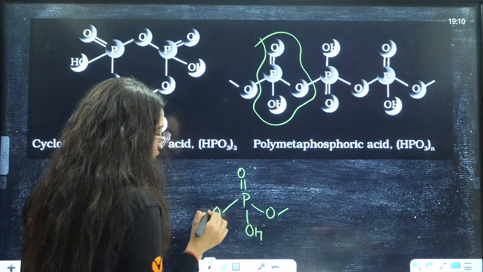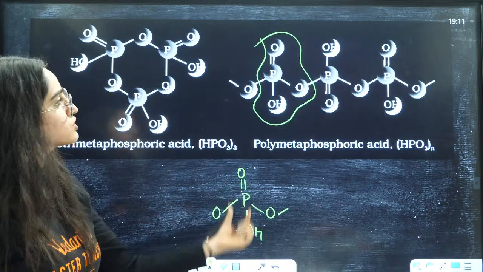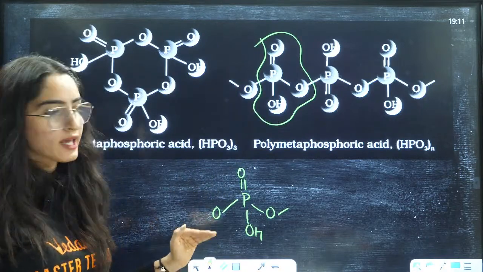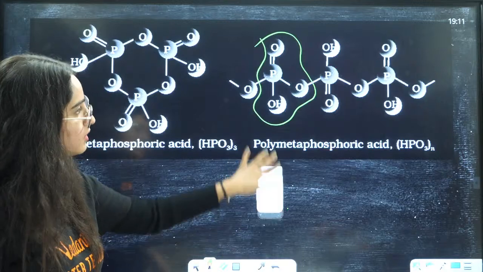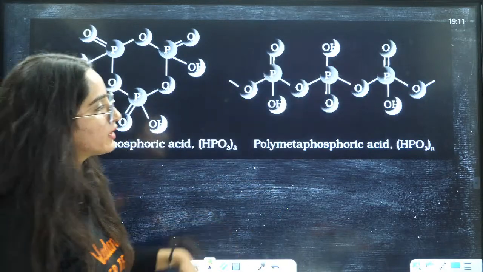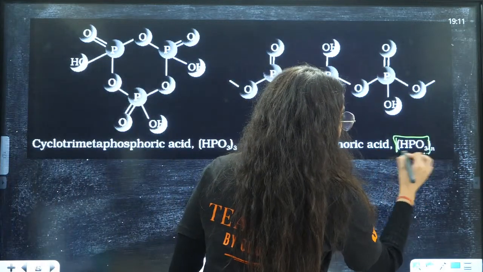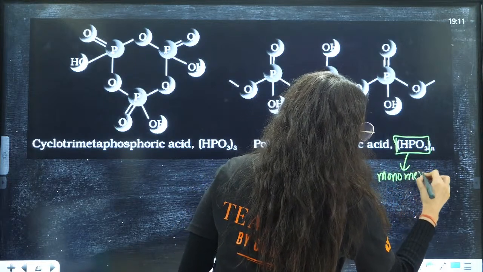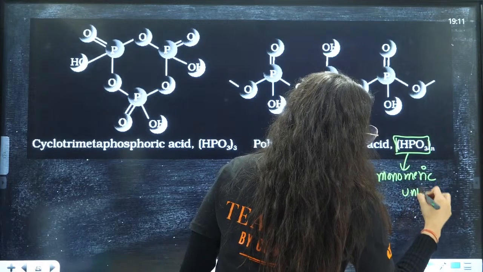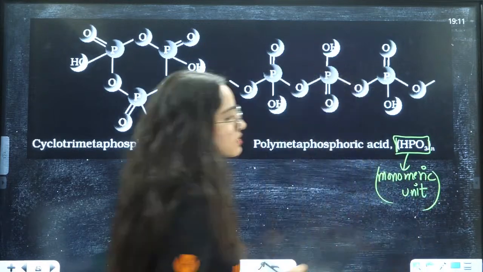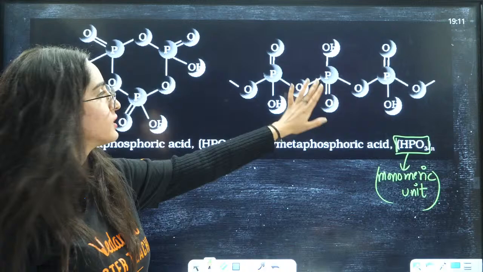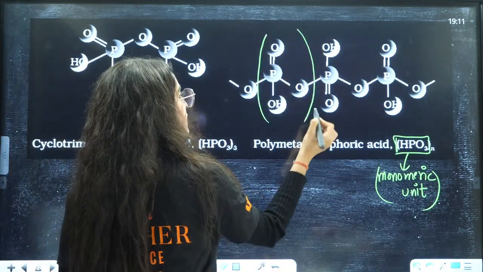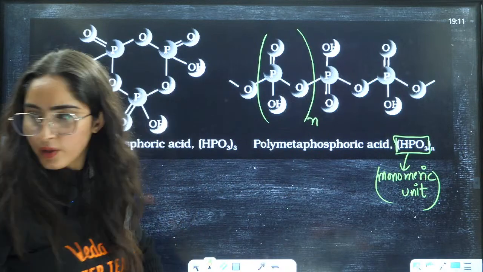Again, one more oxygen is in the bridging state, and this will start repeating itself. Understood? What is the unit here? This is the basic unit, HPO3. This is the monomeric unit of this polymer. Again, this is repeating itself. This thing is repeated n times.